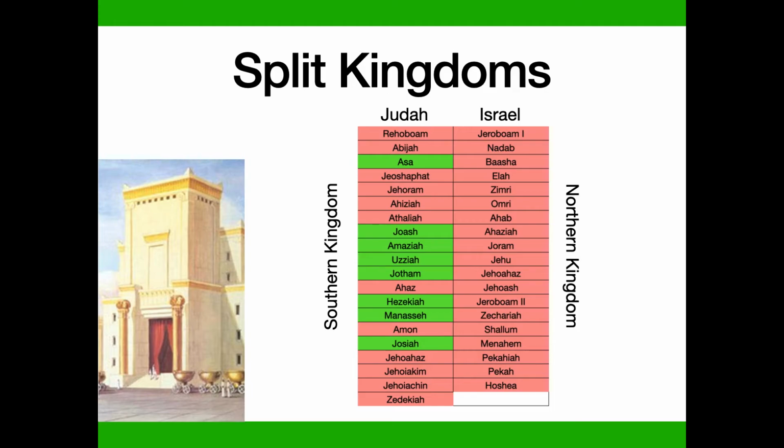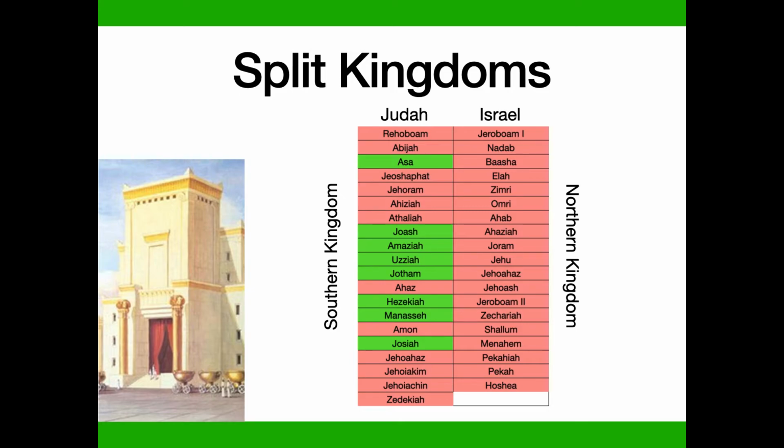Now, they are not lined up exactly like, for example, the last ones, Hoshea and Jehoiachin. They were not at the exact same time. This is just their order of appearance is all. I'm not trying to equate them timeline-wise here.